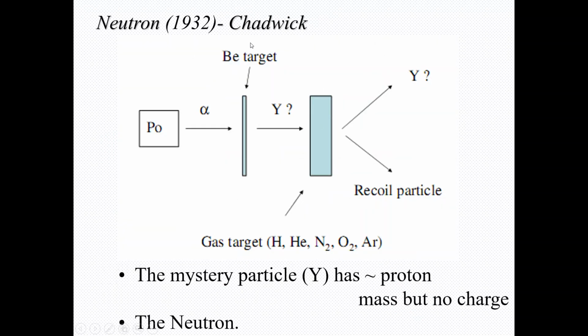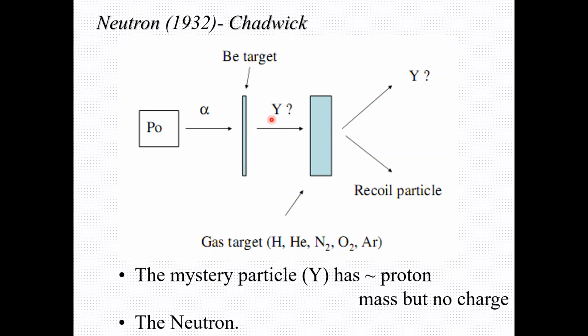Neutrons, as you know from your basic physics knowledge from elementary school, were discovered by Chadwick in 1932. The typical experimental arrangement utilized by Chadwick is shown here. We have a polonium alpha source. Chadwick bombarded alpha particles from the polonium source on a beryllium target.